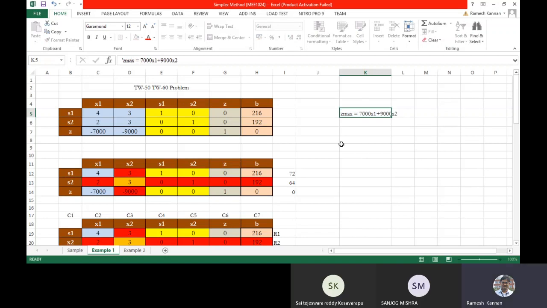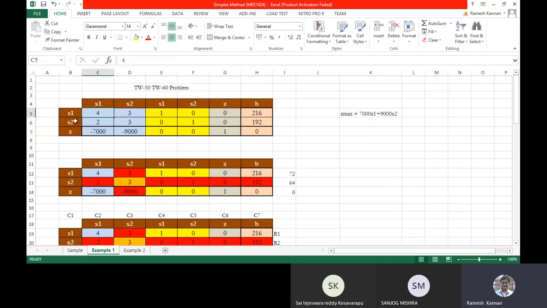Then the constraints are 4 hours of assembly and 2 hours of finishing for TW50, and 3 hours of assembly and 3 hours of finishing for TW60. Which means it is 4x1 plus 3x2 less than or equals to 216.